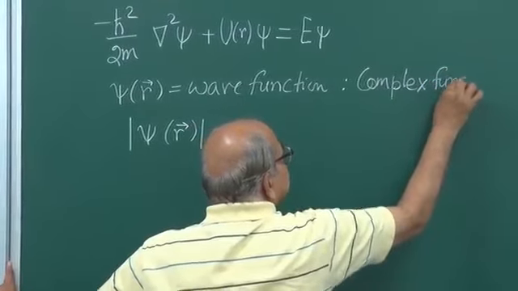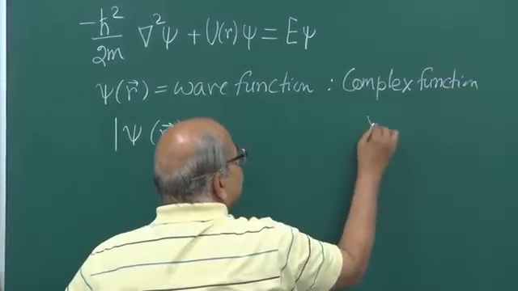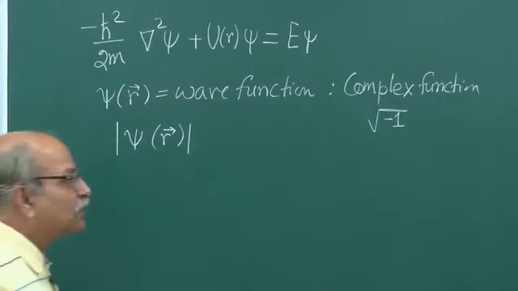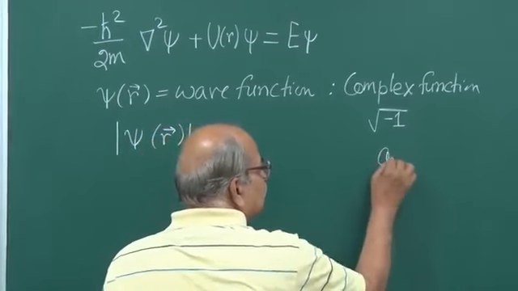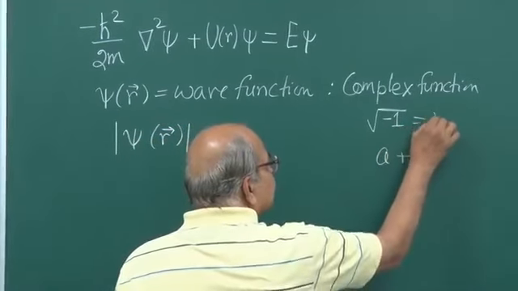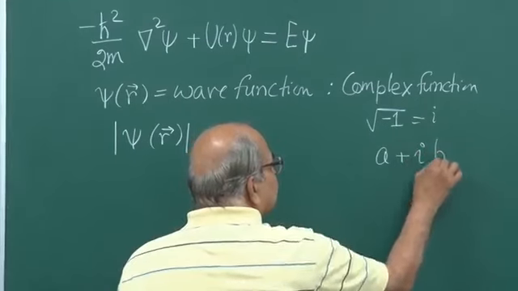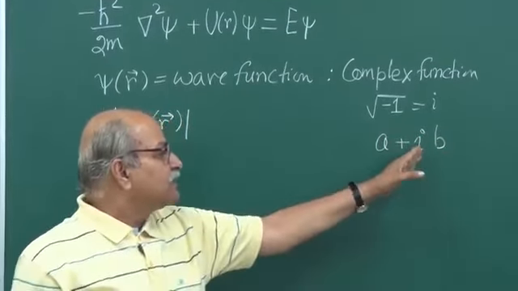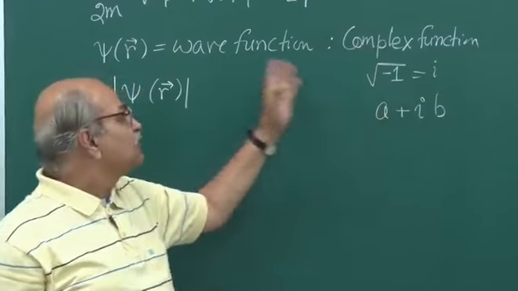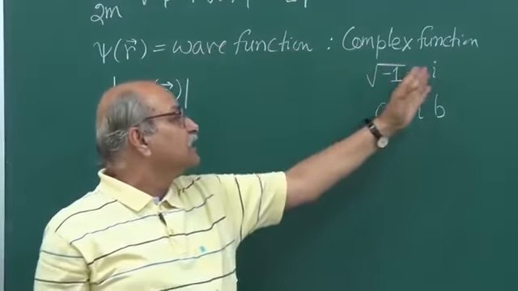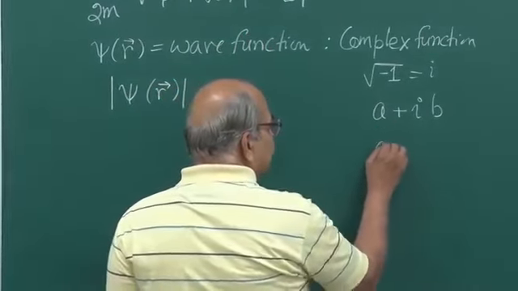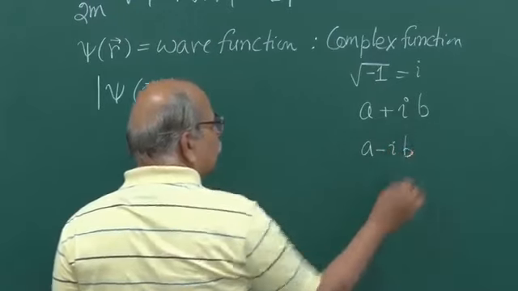If it is a complex function involving the square root of minus 1, remember complex numbers, numbers like some real number plus i times another, A plus iB, these kinds of things, a real number here, and then i is the square root of minus 1 here. These kinds of numbers are known as complex numbers. So this function can have this i in it, and then you write the complex conjugate, A minus iB. This is called the complex conjugate.